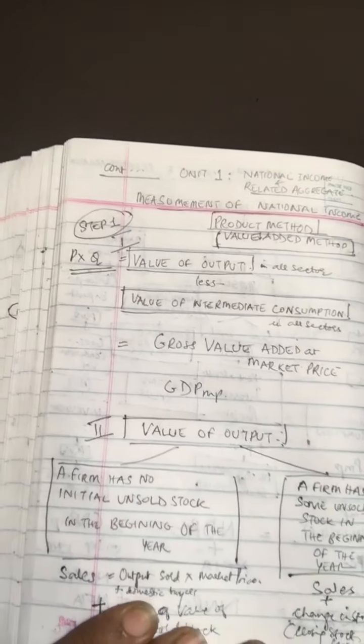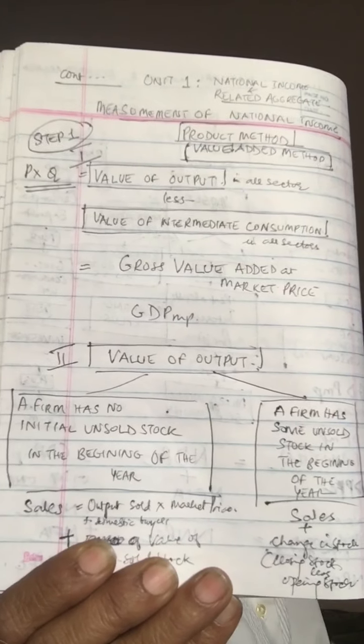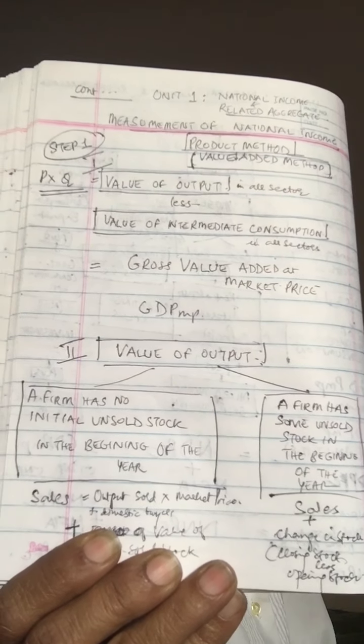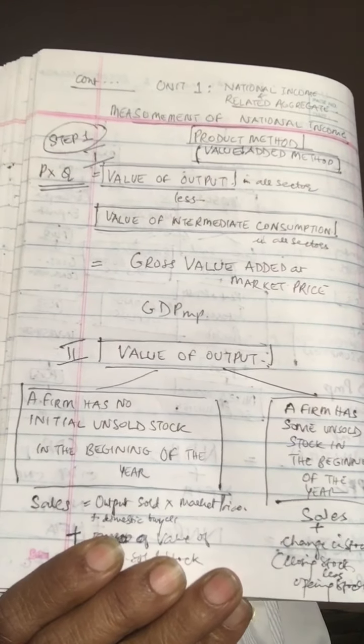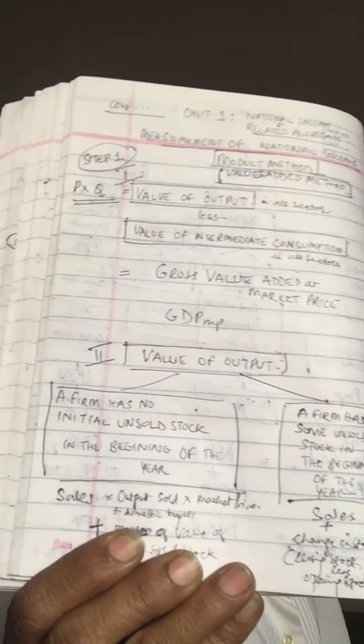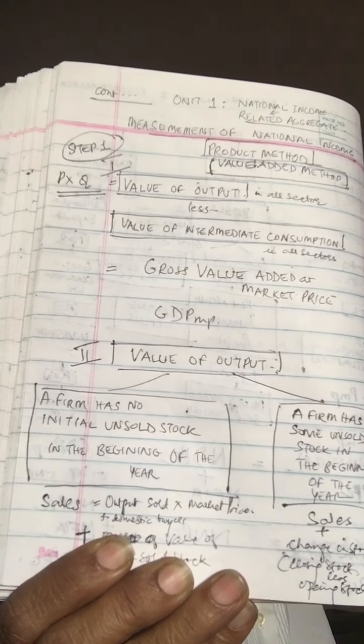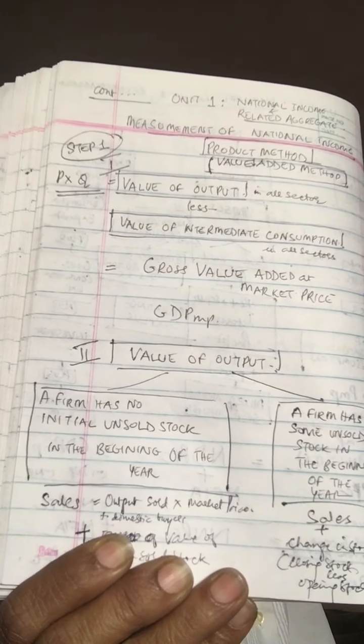In step 1, we estimate the value of output produced by each firm in all the sectors of the economy during a year. That is the first step in measuring national income.